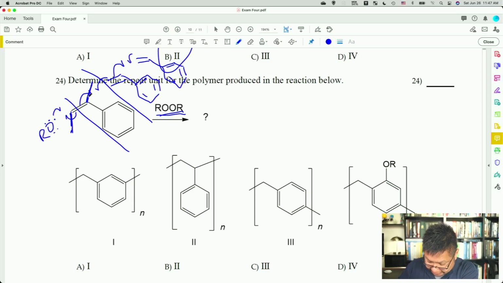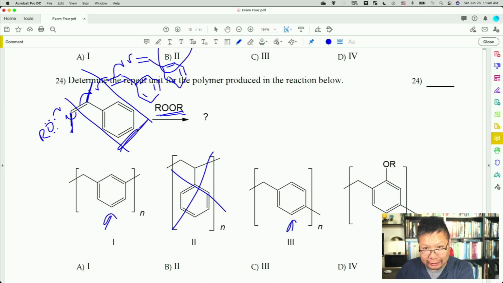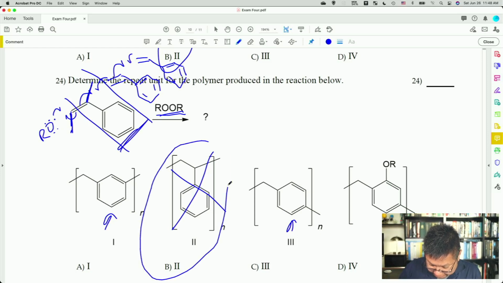So the only one that matches that is this one. I have no idea why any of these would be correct because none of those have the benzene ring just hanging. There's no reason why this benzene ring would end up in the chain. It's just hanging there as a side chain. I don't know why I crossed it out, because the answer actually is this one.